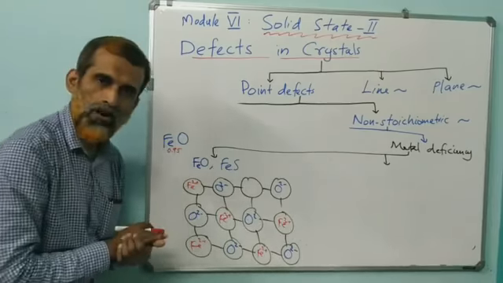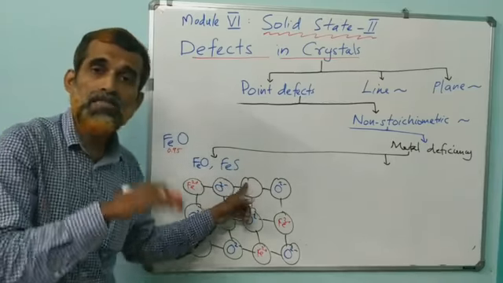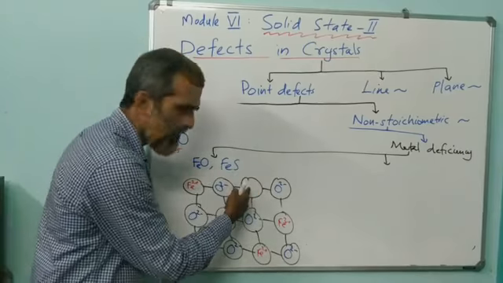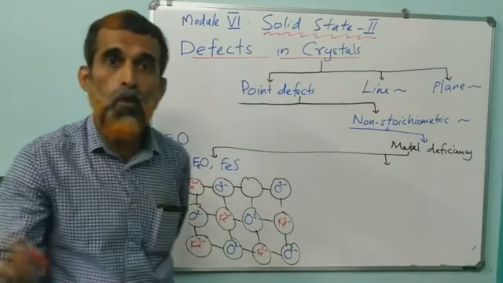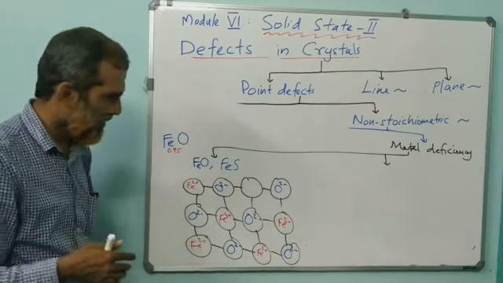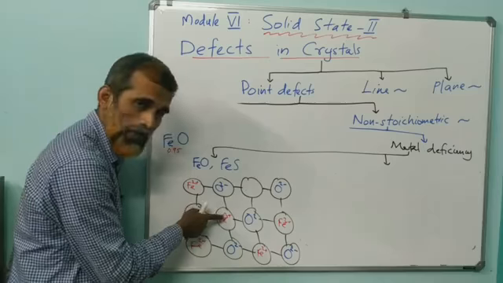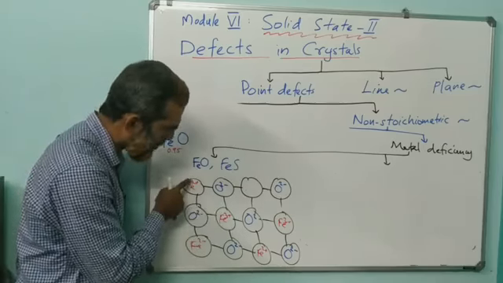So what is the advantage now? A lot of advantages. See, there's a cation vacancy. Ions can diffuse into these vacancies and cause ionic movement and a kind of solid state conductivity. And again, since there is Fe3+ and Fe2+ nearby, an electron can move from Fe2+ to Fe3+.